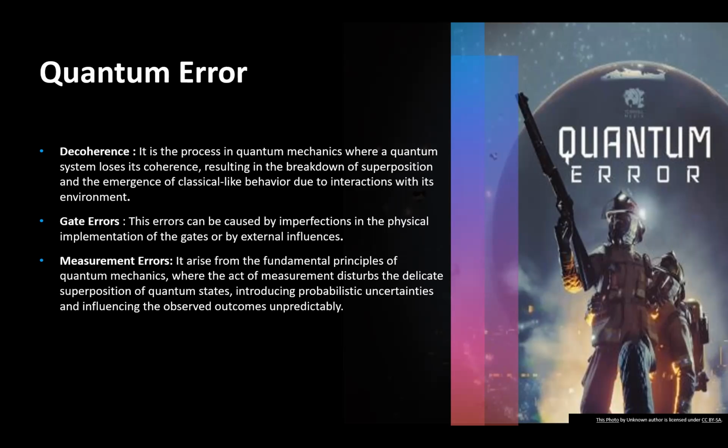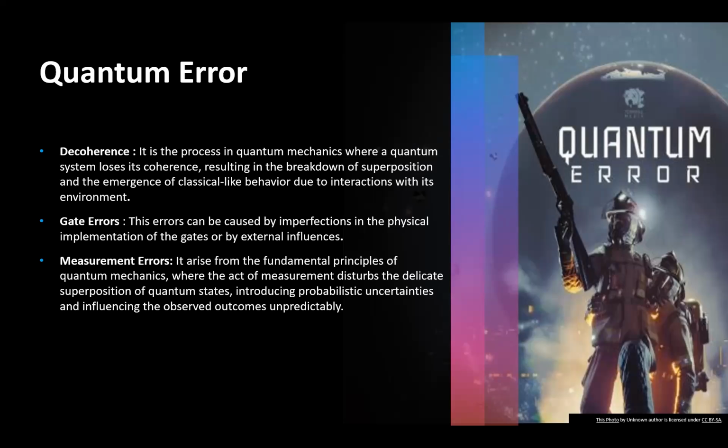Decoherence means it becomes one state, either 0 or 1, resulting in the loss of superposition and the emergence of classical-like behavior due to interaction with its environment. So due to interaction with the environment, it loses its coherence. That is called decoherence.